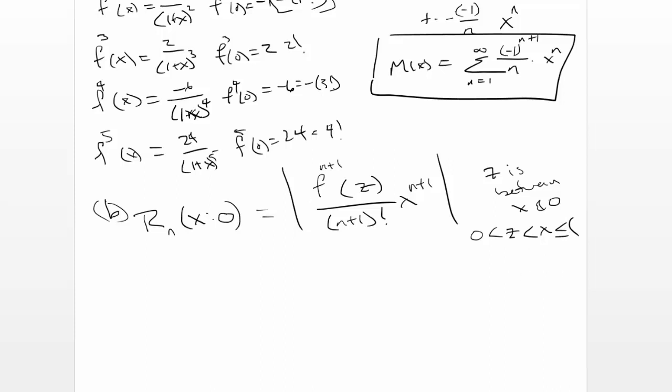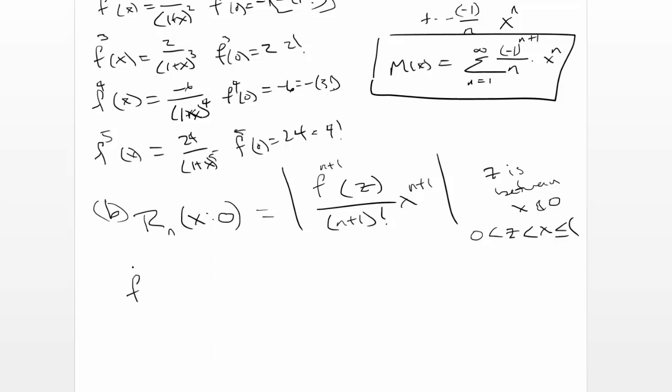Further, because of that, I'd like to state what the n plus first derivative is. From looking up here, the n plus first derivative seems to be n minus 1, or 1 less than the derivative I'm at, factorial on top, and then 1 plus x to the power of whatever derivative I'm at.